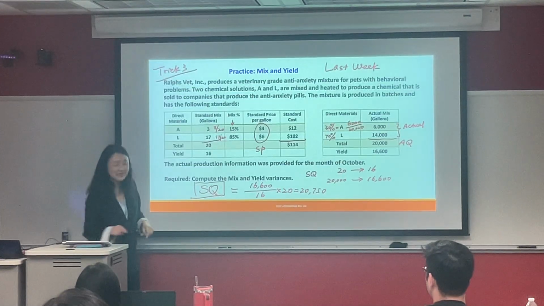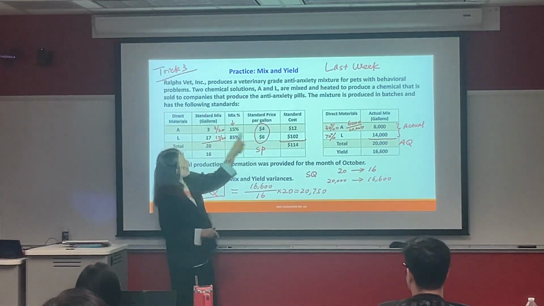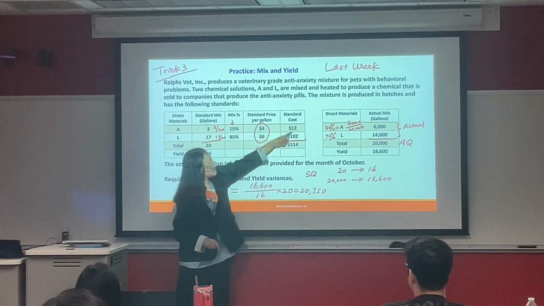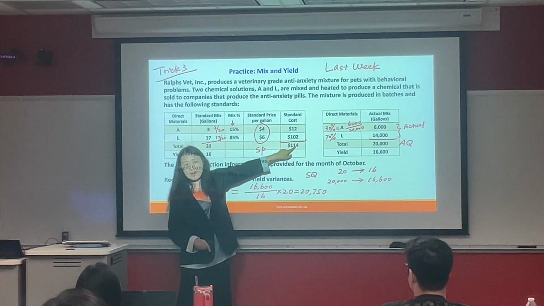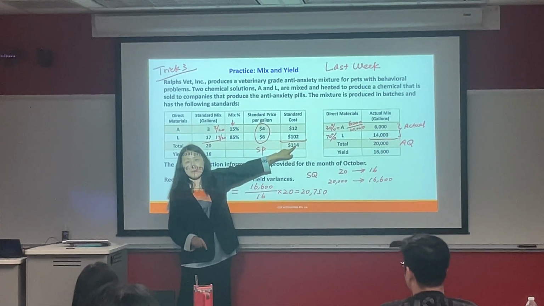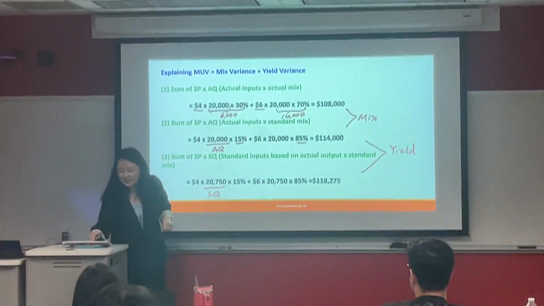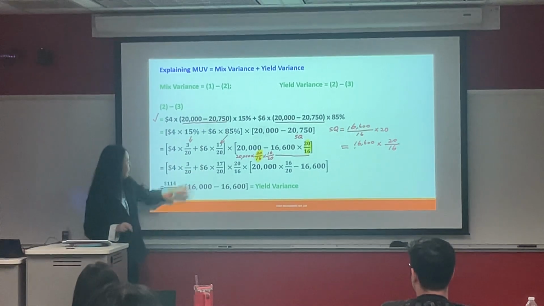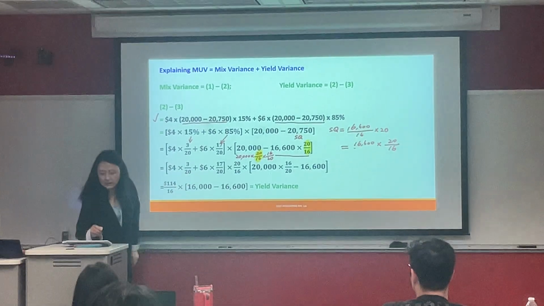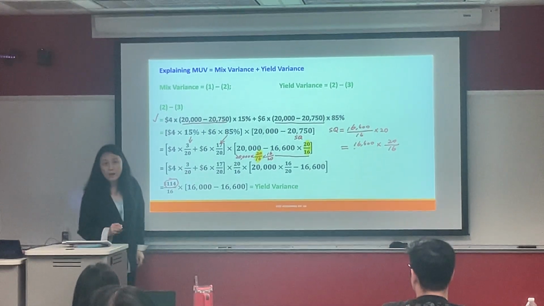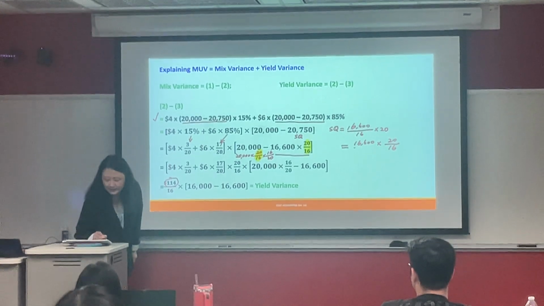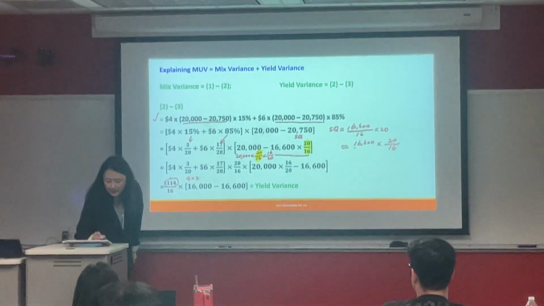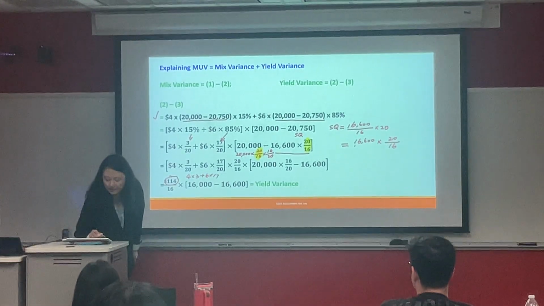What is that? 4 times 3, 6 times 17. That's exactly the total cost of the baby model, okay? So this is how you get 114. 114 is basically 4 times 3, 6 times 17, all right?